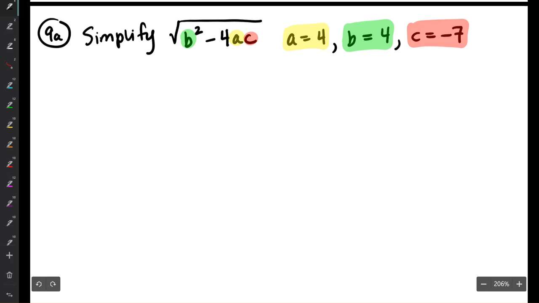Let's just go for it, and then I'll model a strategy if you're having a hard time simplifying. Square root of b squared, square root of 4 squared, minus 4 times a is 4, times c is minus 7.